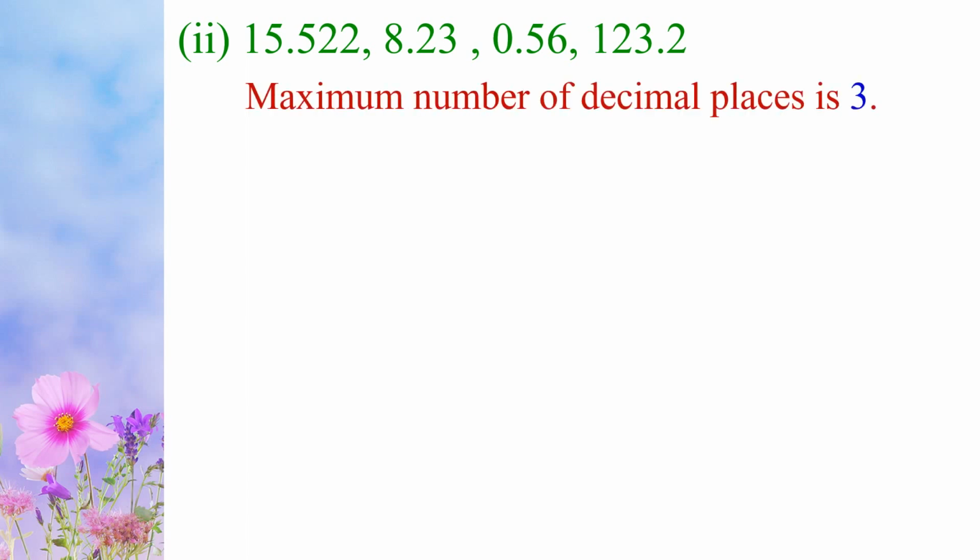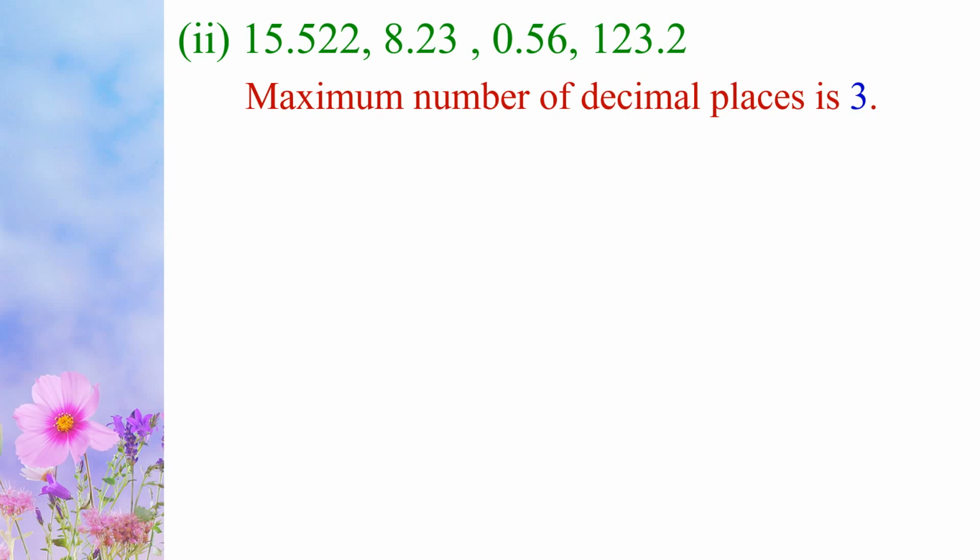Next, the given decimals are 15.522, 8.23, 0.56, 123.2. Here the maximum number of decimal places is 3.